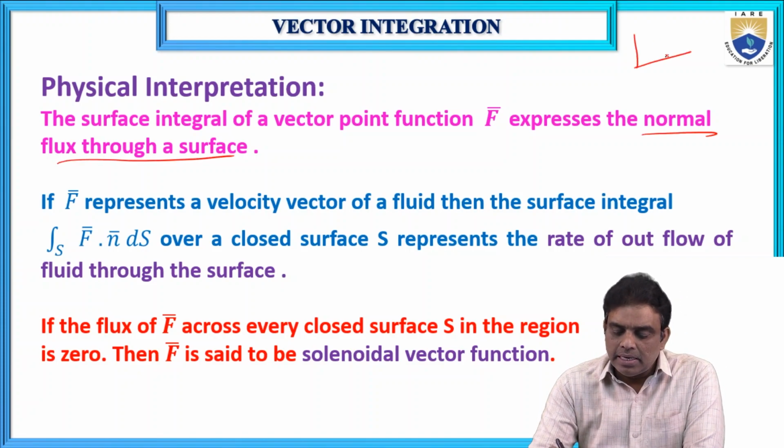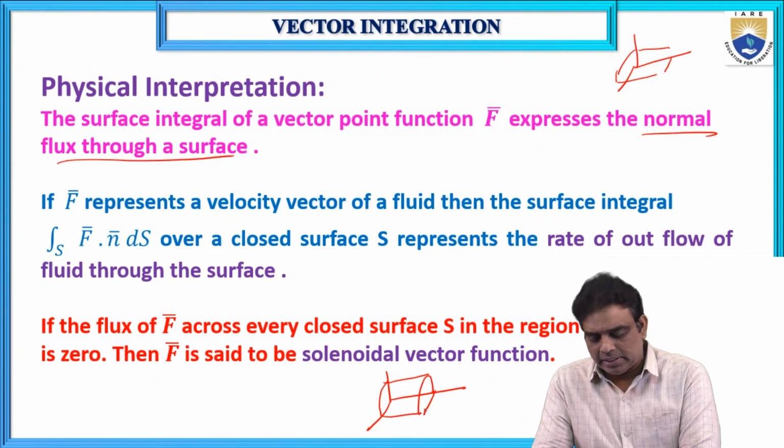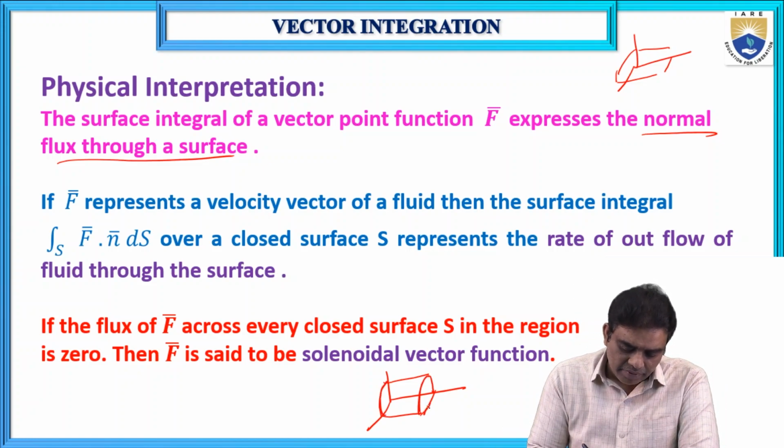By diagram, suppose you write like this, this is called the normal flux. It is a curvilinear surface.